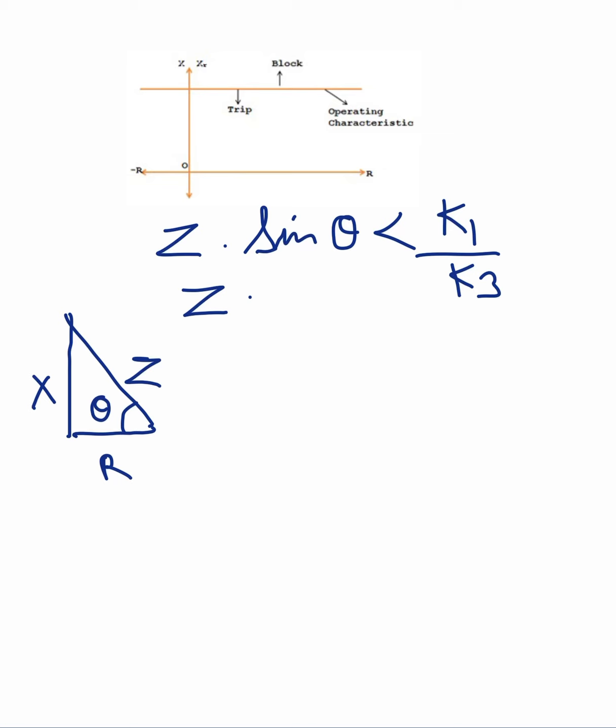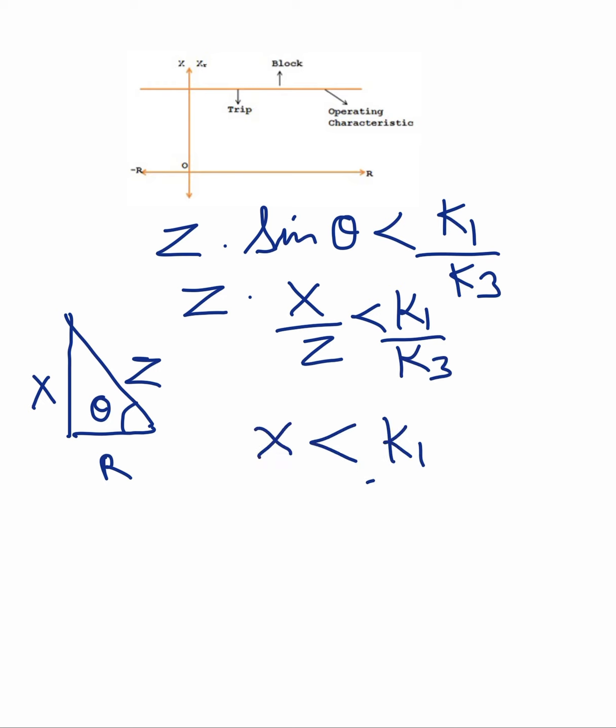So we can write X upon Z into Z, less than K1 upon K3. So that is X is less than K1 upon K3. That is the condition.